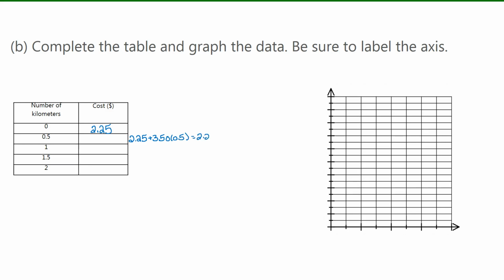So it's 2.25 plus 1.75, a total of $4. Now for 1 kilometer, 2.25 plus 3.50 times 1, which is just 2.25 plus 3.50, which gives us 5.75.